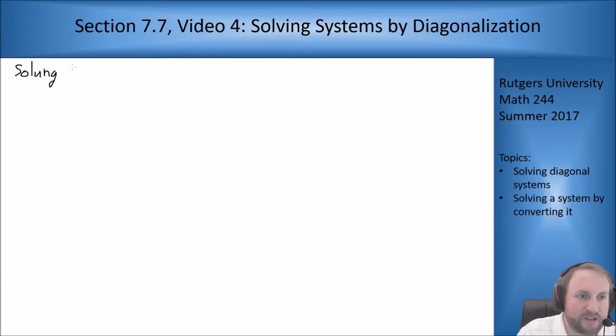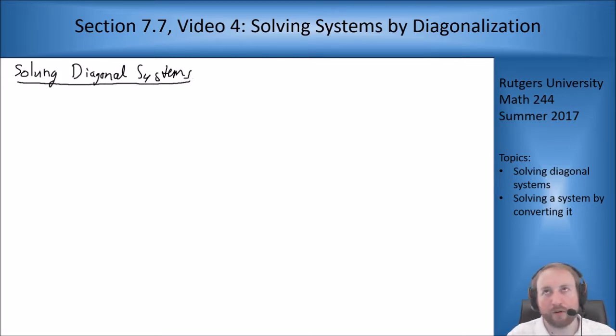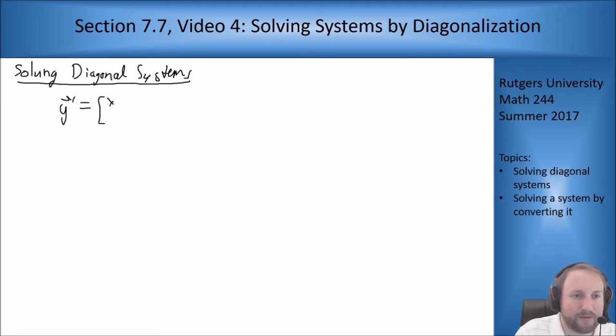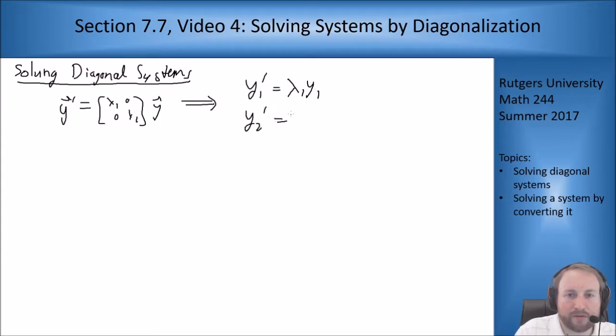So first, let's mention briefly again solving diagonal systems. You had one of these on your previous worksheet question. If I'm trying to solve y prime equals, say, diag(lambda 1, lambda 2) times y, this just turns into y1 prime equals lambda 1 y1, and y2 prime equals lambda 2 y2, because of how matrix multiplication works.